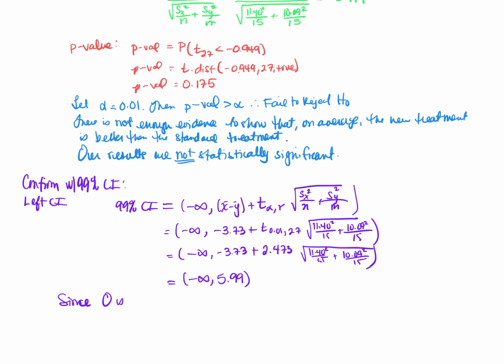We would say, since 0 is in the interval, we know that 0 is plausible for the actual difference of the means in the populations. So since 0 is in our interval, we would fail to reject the null.